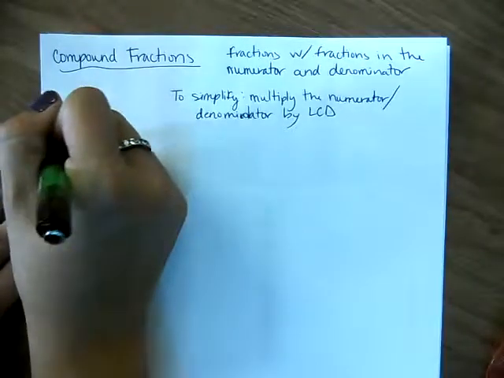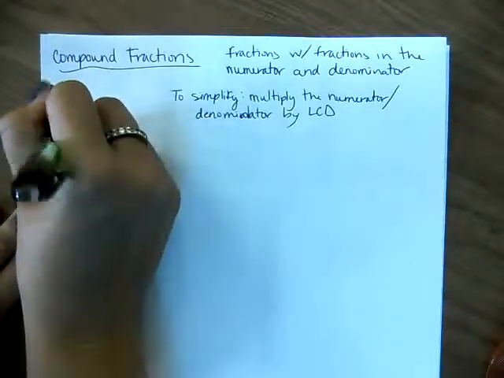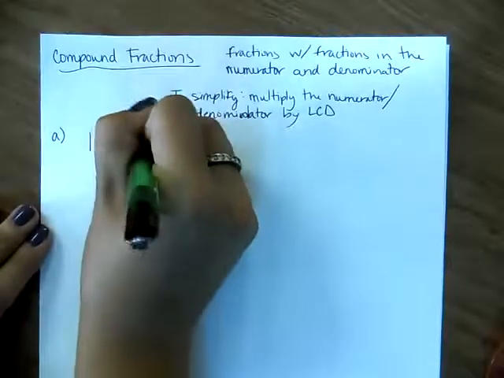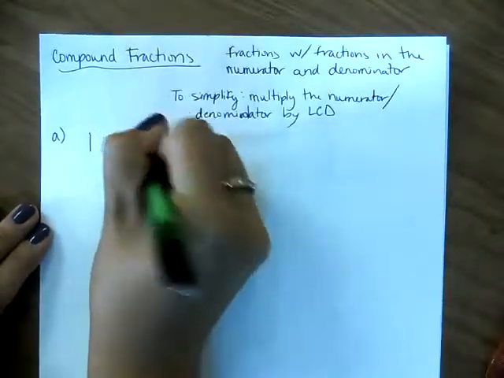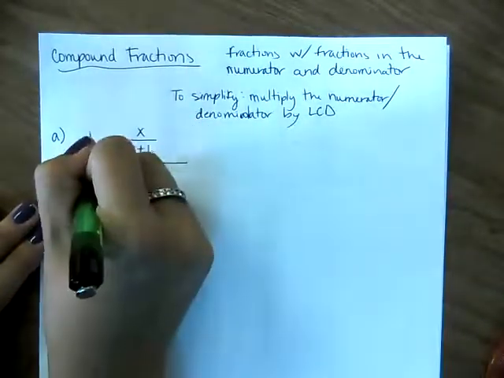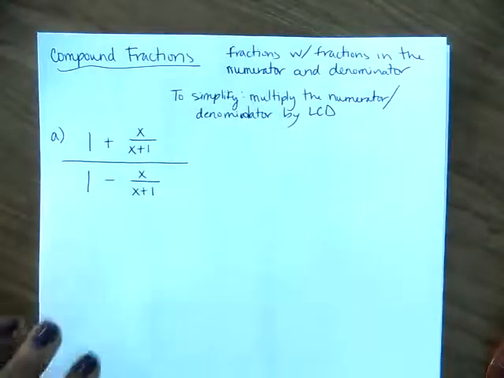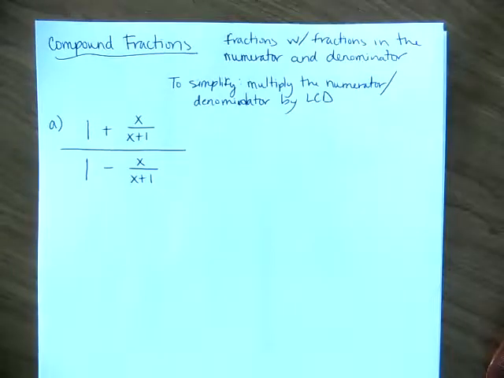Okay, so let's take a look at this. 1 plus x over x plus 1 all over 1 minus x over x plus 1. Okay, so sometimes these can be a little bit intimidating because there's lots of fractions going on, all right?